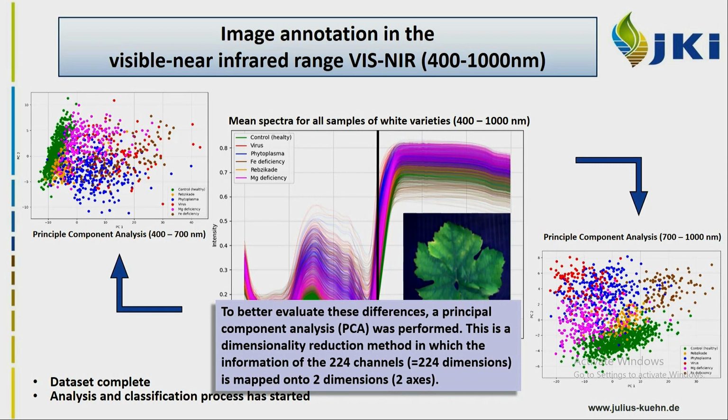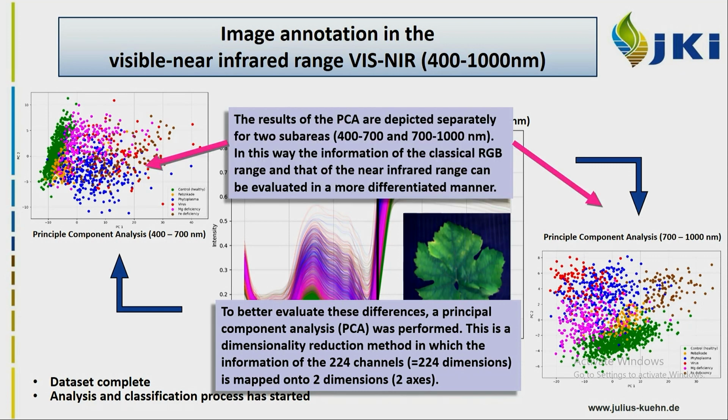The results of the PCA are depicted separately for 2 sub-areas, the 400 to 700 nanometer range and the 700 to 1000 nanometer range. In this way, the information of the classical RGB range, which is 400 to 700 nanometers, and that of the near-infrared range can be evaluated in a more differentiated manner.